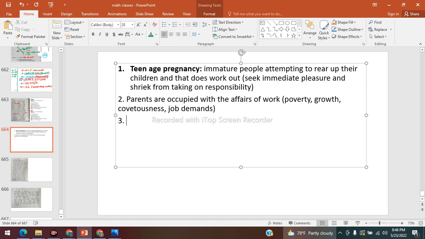Yeah, when they say children, again, if you find that vague, then you have to define it. But children means children in a technical sense, as in a parent's child.